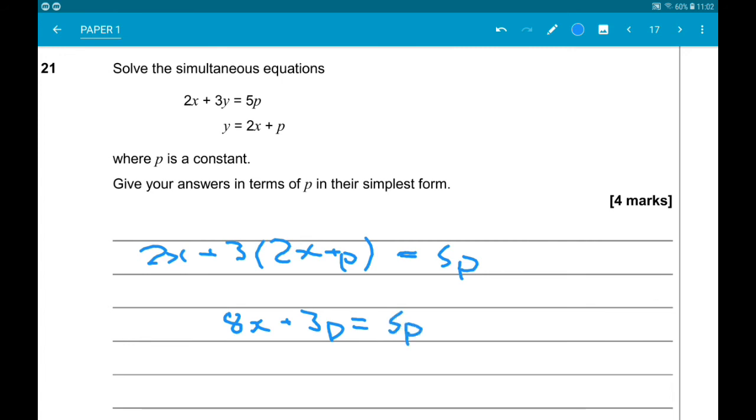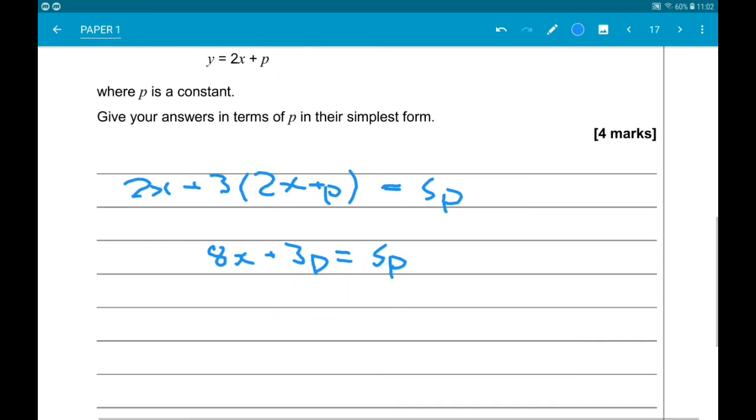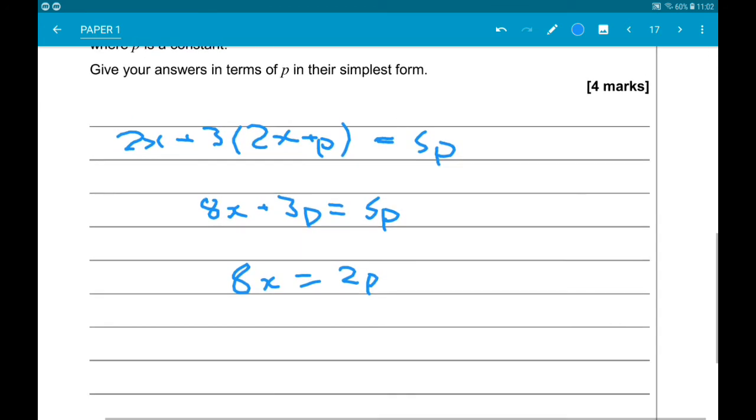Take away the 3p. 8x is 2p. Divide by 8. x is 2p over 8, which is p over 4. So that's x.